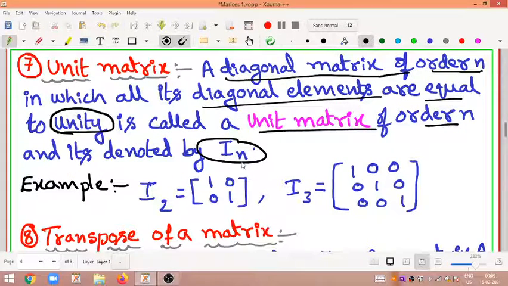See here, I2 means a 2 by 2 unit matrix, and I3 means a 3 by 3 unit matrix. If it is clear, I will move on to the next one.